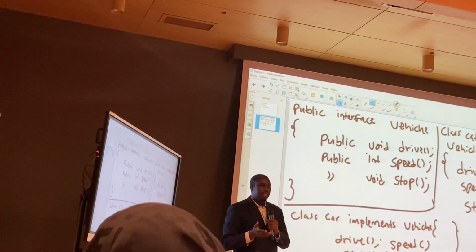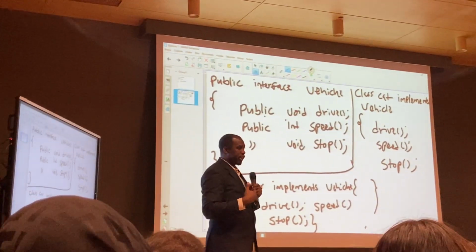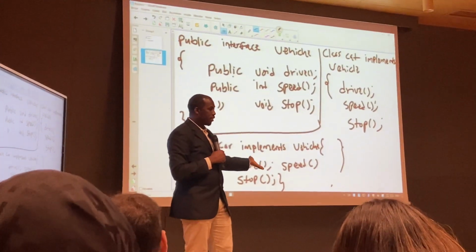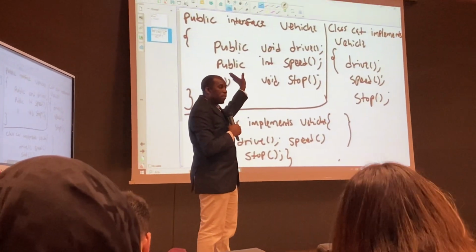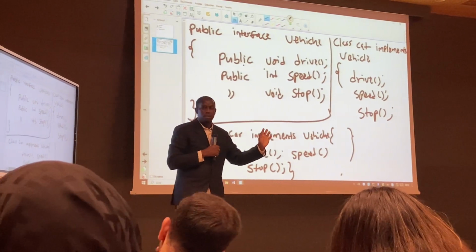In an ideal sense, a cat does not have drive and stop, but it has a speed. Okay? But any class that implements an interface must have all the methods. This is the rule to follow.